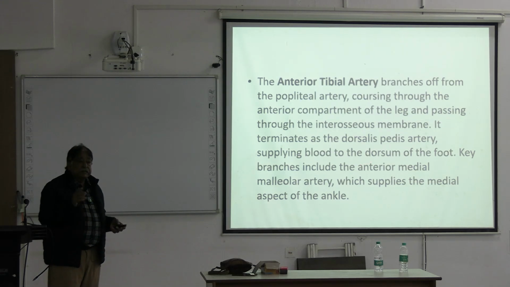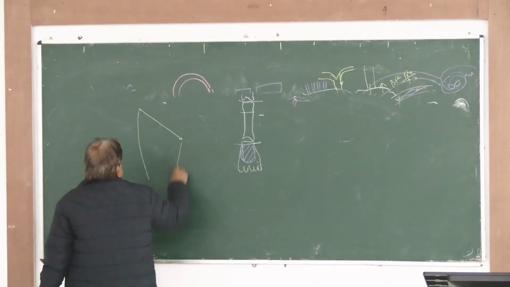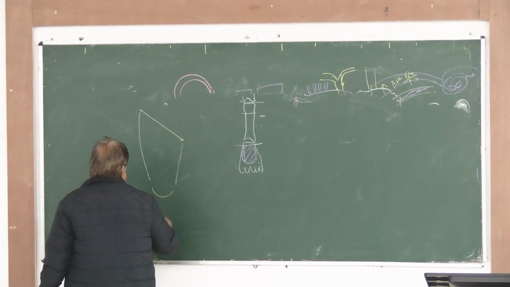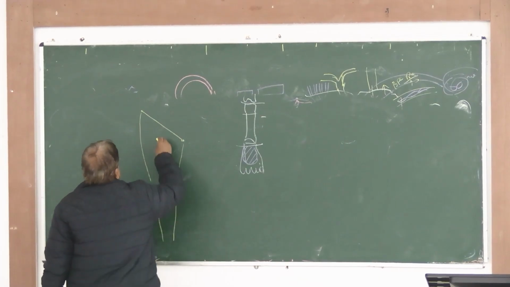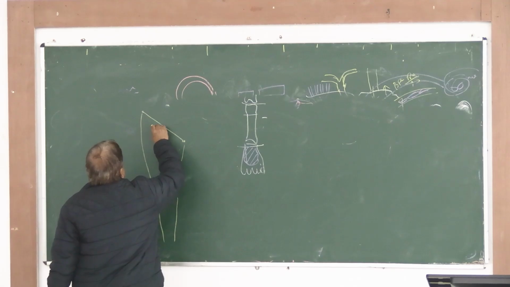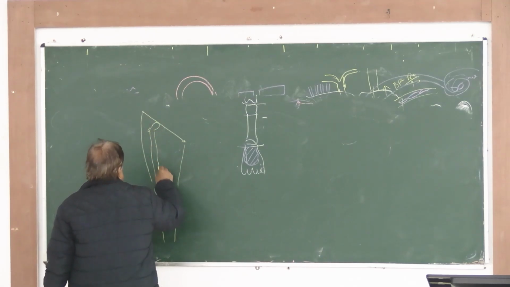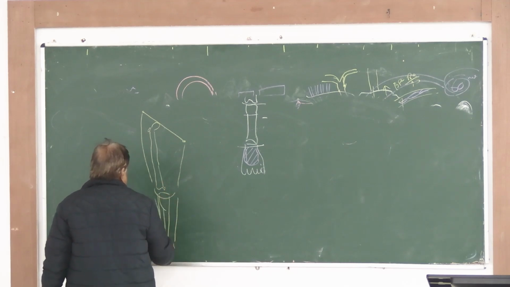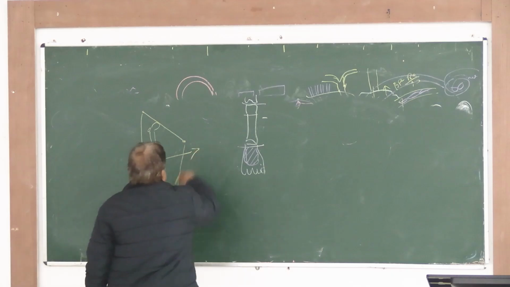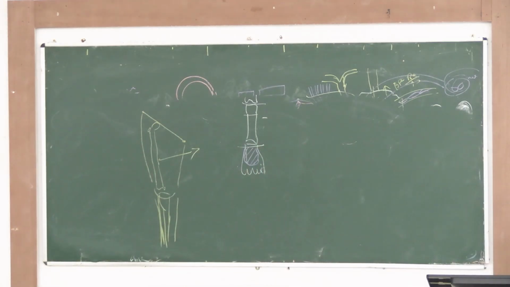The thing is that you draw this is the tibia, this is the fibula. It can be done like this or just a straight line.